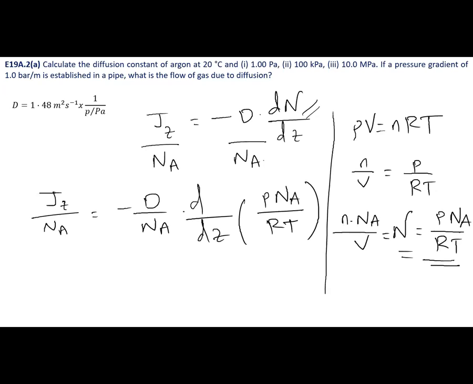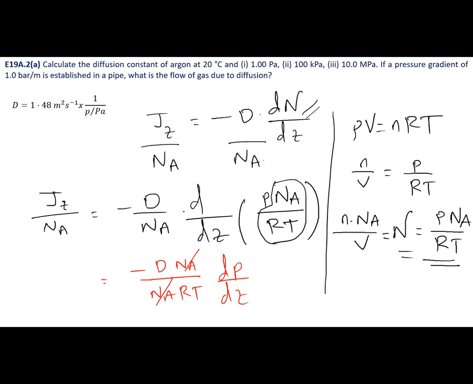And again, in this equation, we have these terms as constants, N_A, RT. So we can take them out of the derivative. So it becomes minus D N_A over N_A RT dP over dz.